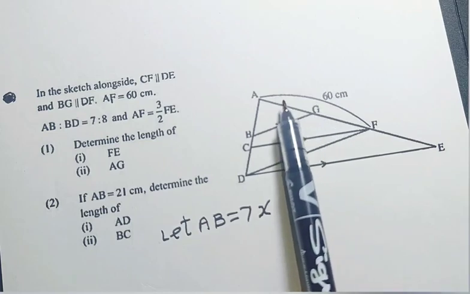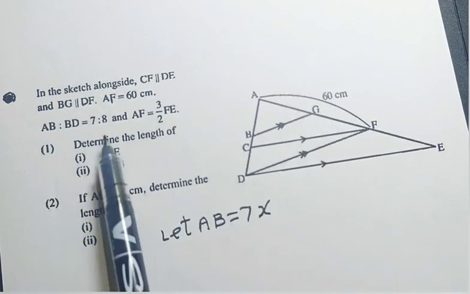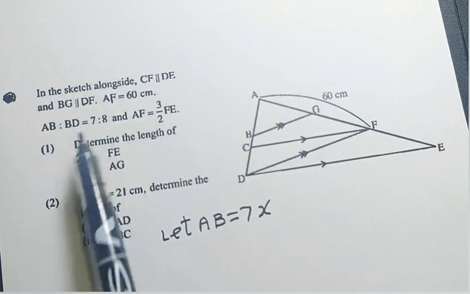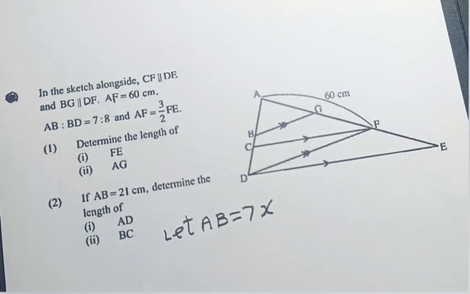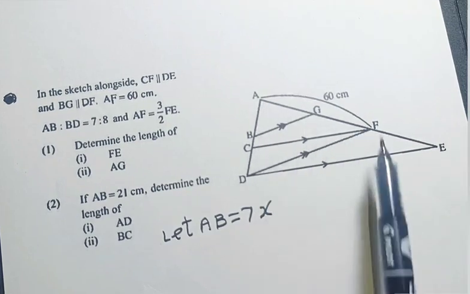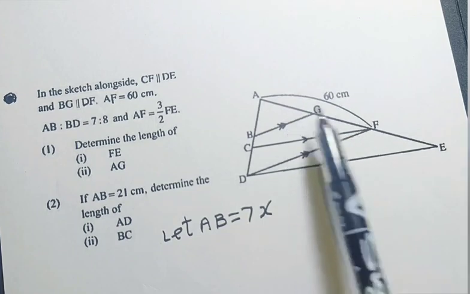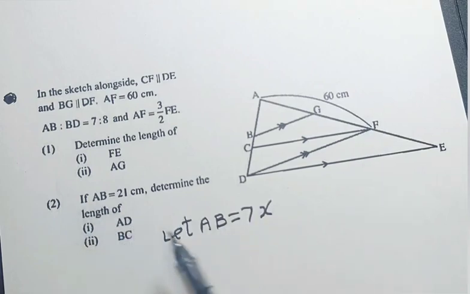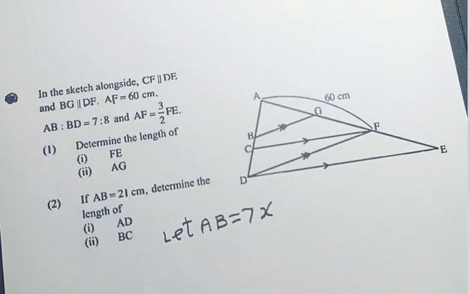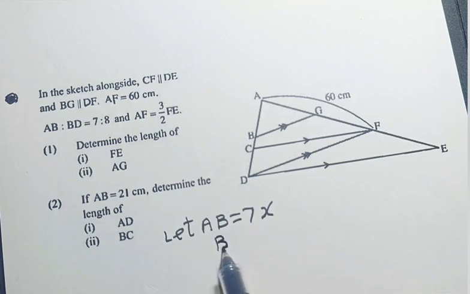We know the length of AF, 60 centimeters, but we don't know the actual lengths of 7 and 8, so that's why we denote them with x. So AB is equal to 7x, and BD is equal to 8x.